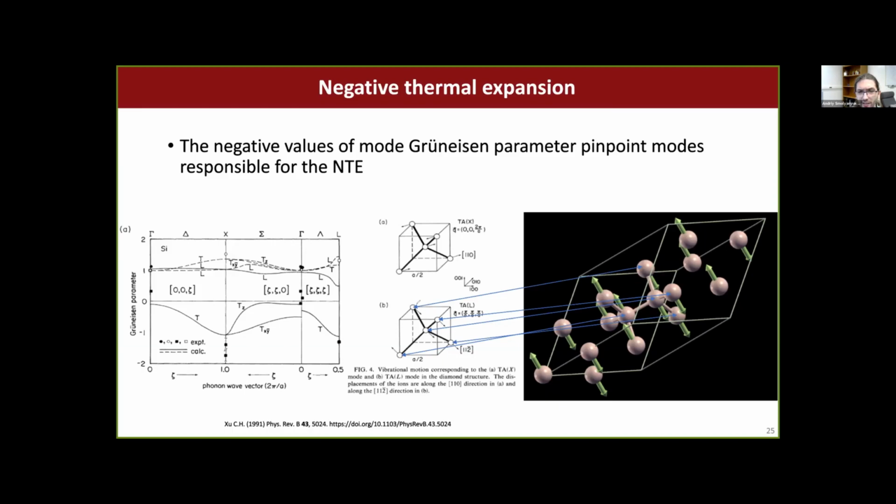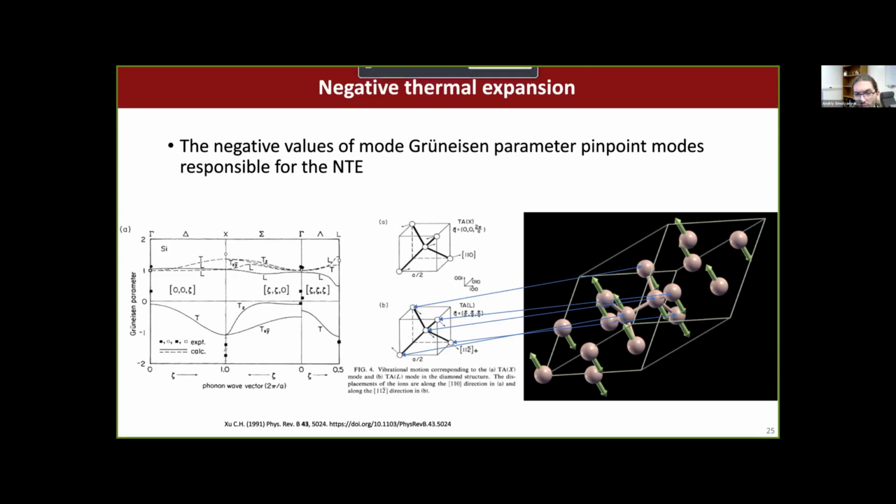And here you have an example of a particular mode at the X and L Q points. As Dr. Esther explained to you, you can visualize this mode with the AFLOW program.